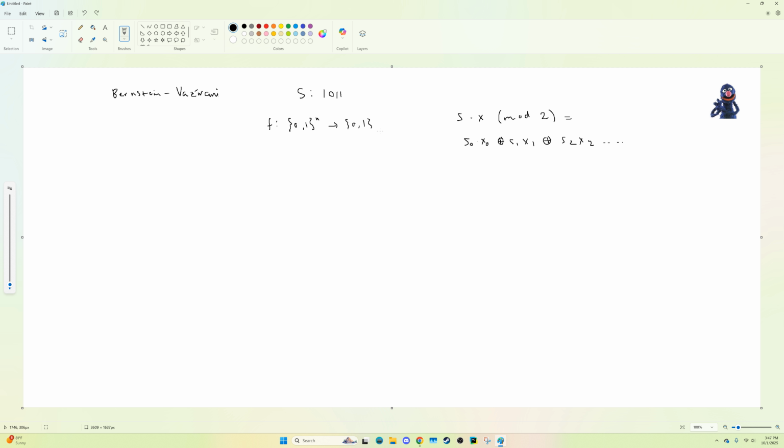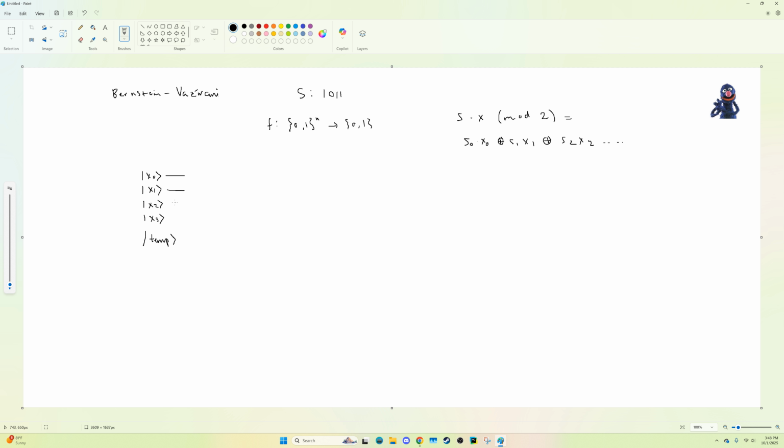Okay, so that is the problem statement. Let's design the circuit for this. So the circuit looks like, let's say for a 4-bit input, which we can use the same secret string here. We'll have x0, x1, x2, x3, and a temp variable.